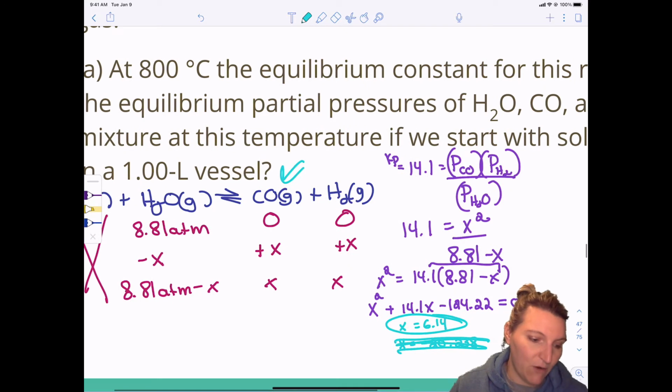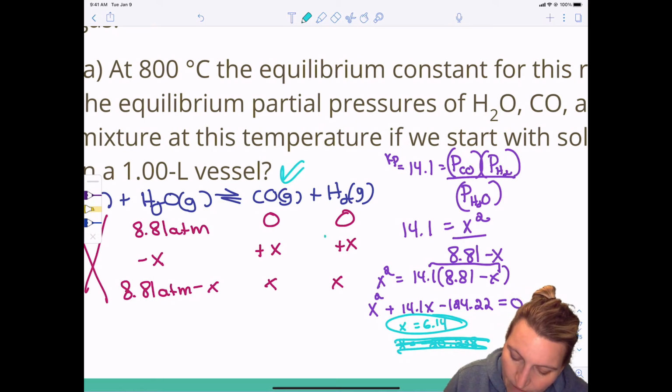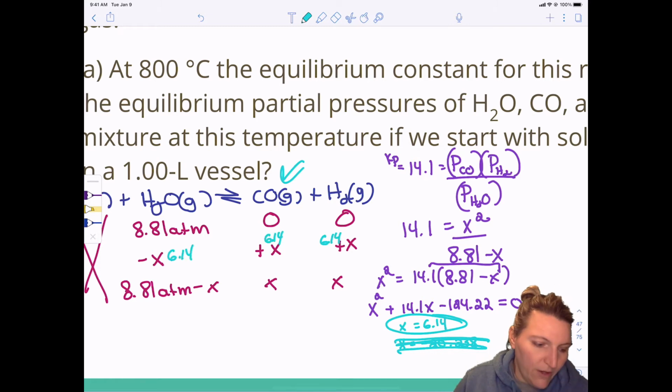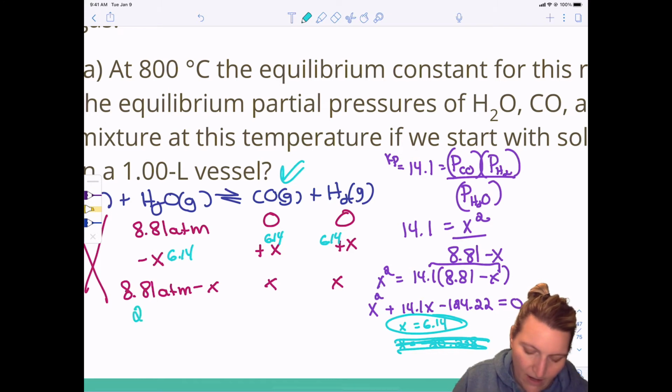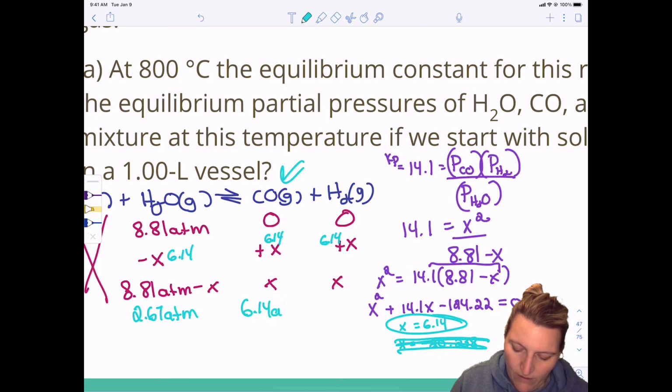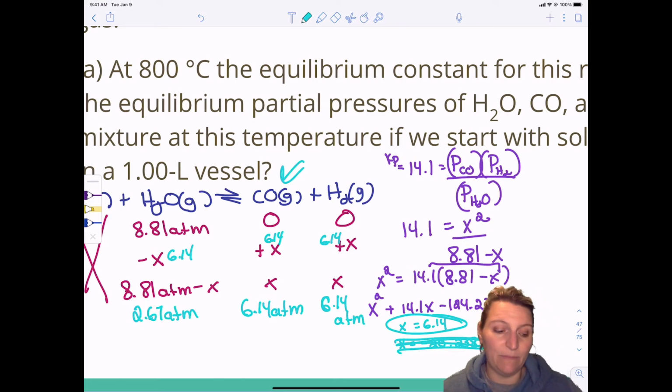So now I can come back over here and just plug in 6.14, 6.14, 6.14 to make the equilibrium partial pressure of the water 2.67 ATM, 6.14 ATM for the carbon monoxide, and 6.14 ATM for the hydrogen gas.